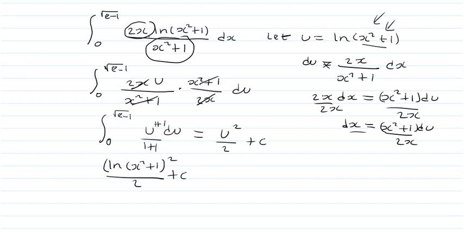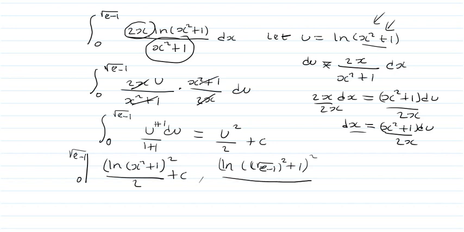To this function now, we are going to put the limits, since we have been given the limits that are supposed to be from 0 to root of e minus 1. So we'll put the upper limit, which will be natural log of root of e minus 1 squared plus 1, then everything squared here.